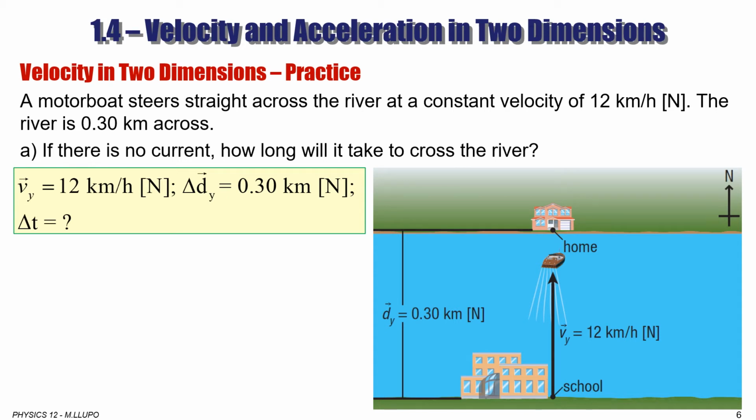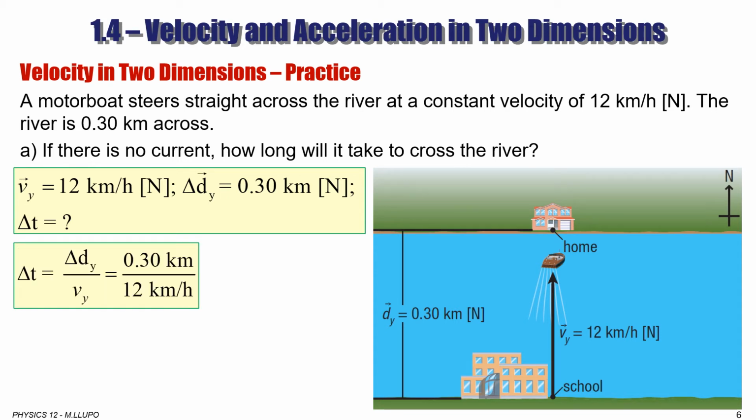So time to cross the river is distance over speed, or displacement over velocity, but both of them are in the same direction, so velocity or speed is used interchangeably, and distance and displacement also. So we have 0.3 kilometers and 12 kilometers per hour, and the north and north cancel. That's why I didn't even write it there.